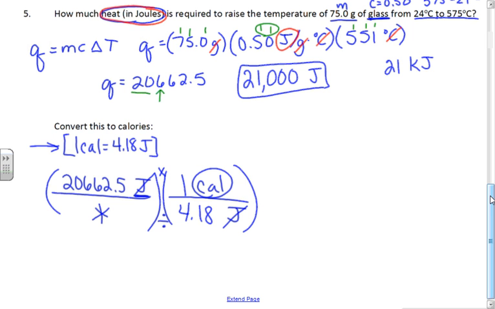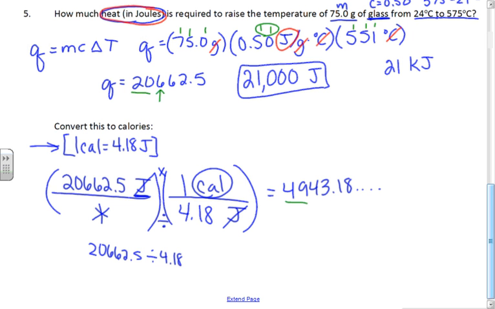So in your calculator, you're typing in 20662.5 divided by 4.18. And we're going to get a value of 4943.18, on and on. And since our 21,000 was rounded for the correct number of significant digits and it had 2 sig figs, we're actually still going to round this answer to 2 significant digits.